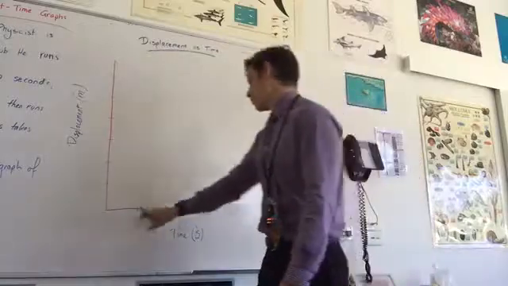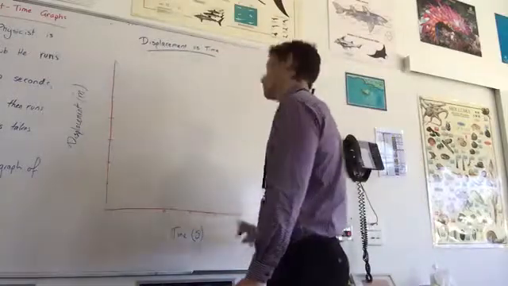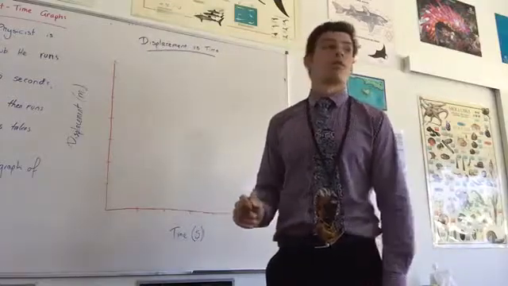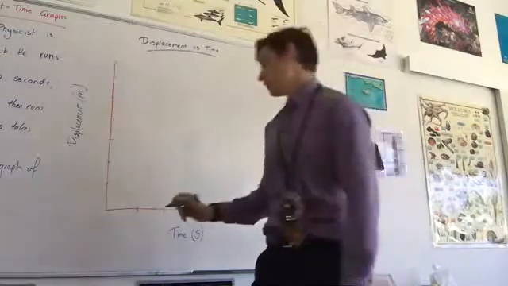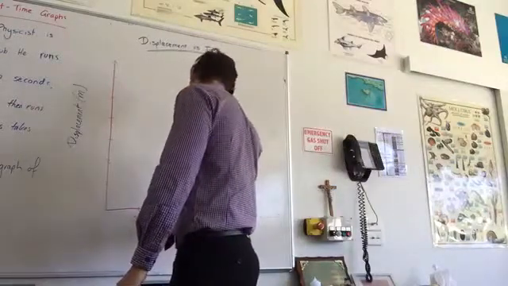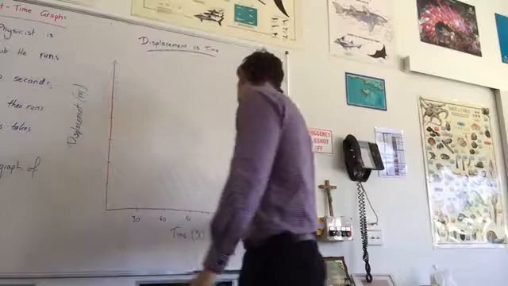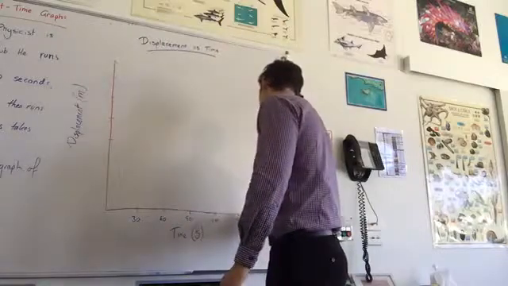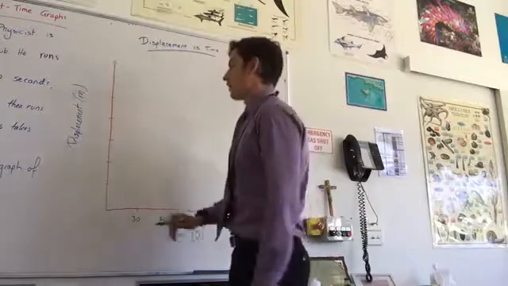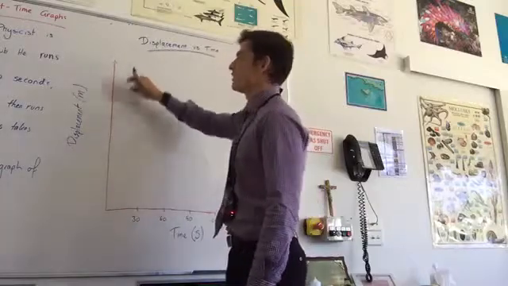Okay, I've got 1, 2, 3, 4, 5, 6 intervals. What should I go up in? 30s. So on the bottom 30, 60, 90, 120, 150, 180. And I've got 1, 2, 3, 4, 5, 6.